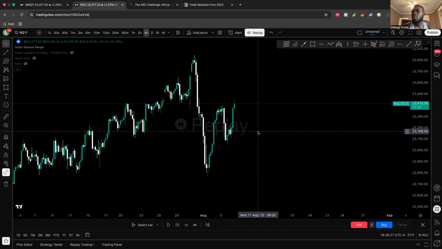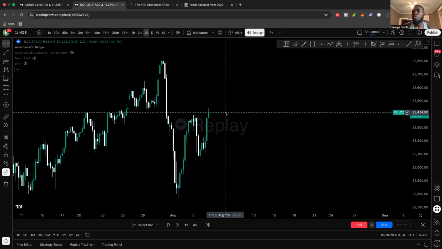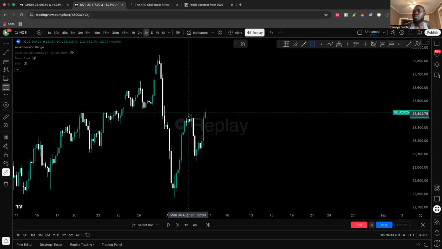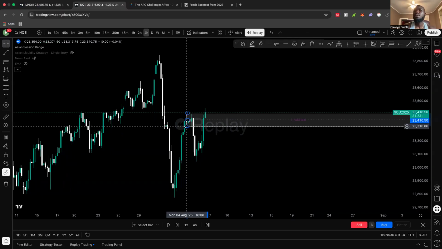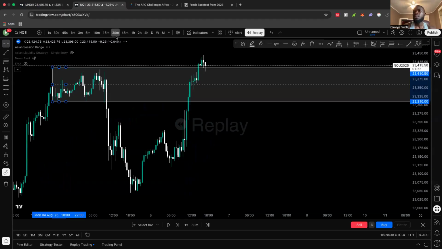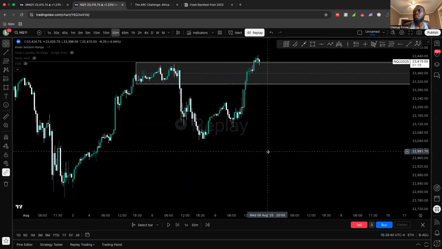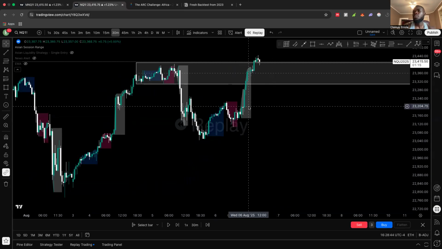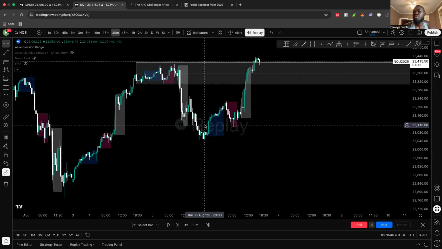So what do we see here? This is a demand zone. This is a supply zone that's been taken out. Let's go to 30 minutes. I'm supposed to replay from here instead, from Tuesday.